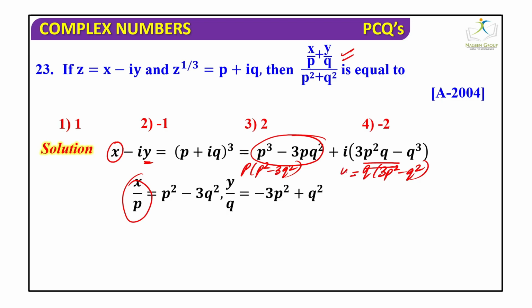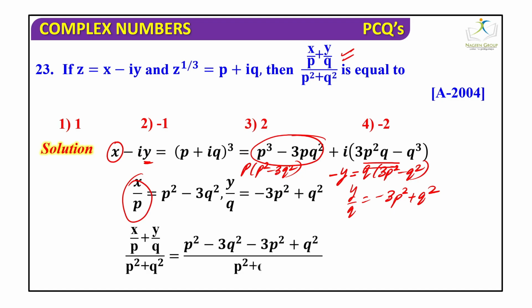So this is equal to y, minus y, right? From here minus y by q, so minus sign इधर चला जाएगा, y by q equals minus 3p square plus q square.